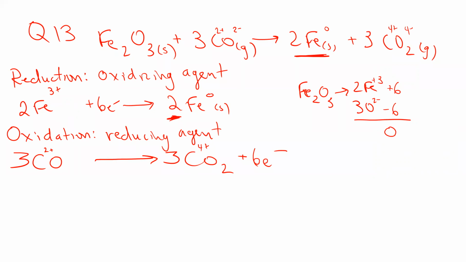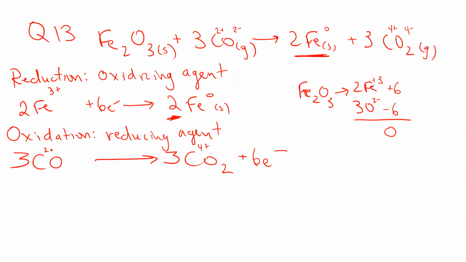But at the end of the day, they're asking is it iron(III) oxide, carbon monoxide, iron, or carbon dioxide. So for the answer, they're looking for carbon monoxide and iron(III) oxide, because that's the whole species in the reaction, even though it's just the iron that's gaining electrons.